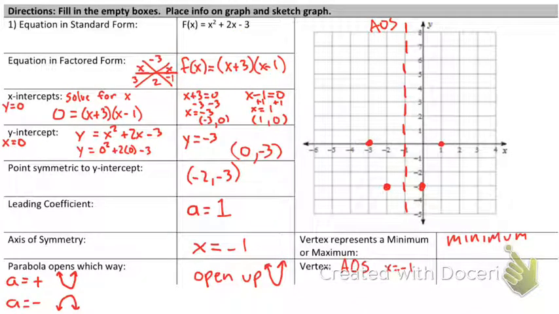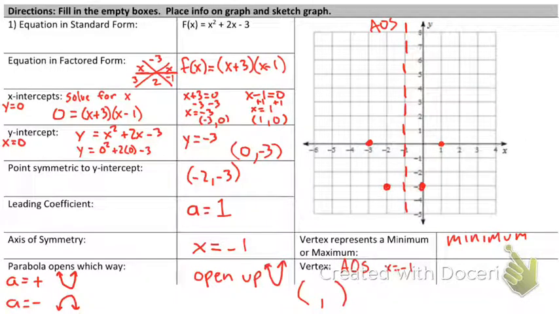So instead of plugging in x, we replace it with our axis of symmetry value, which is negative 1, kind of like what we did to find our y-intercept. Instead of replacing it with 0, we are going to replace it with negative 1 and get our y value. Our vertex always has to be in point form.